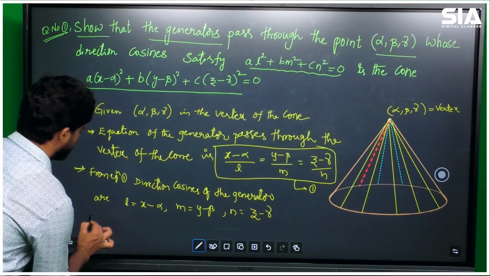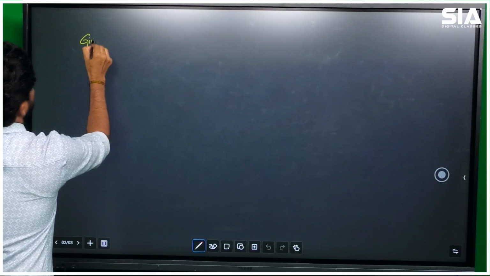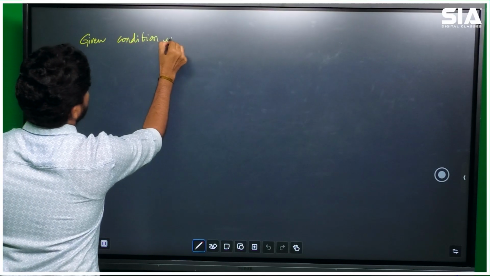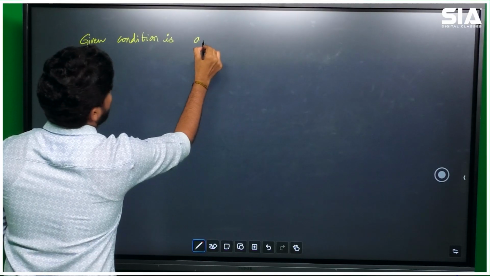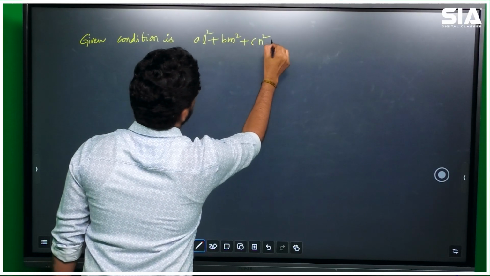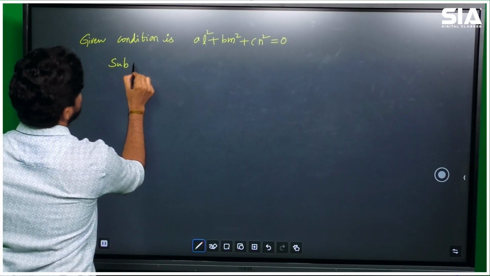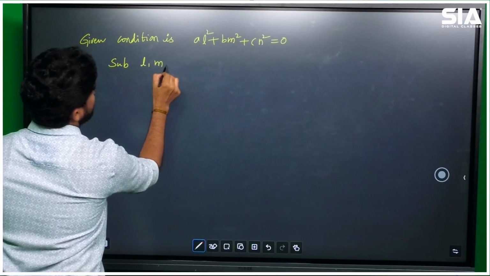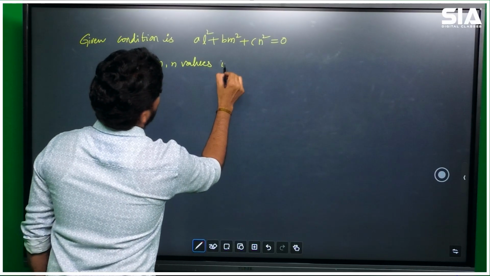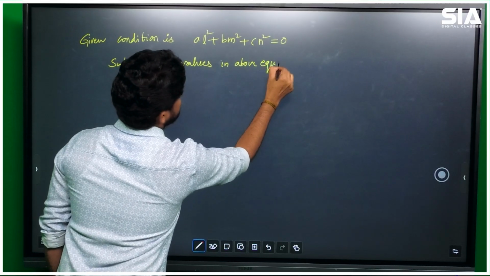So what is the given condition? The given condition is a l square plus b m square plus c n square equal to 0. Substitute the l, m, n values in the above equation.